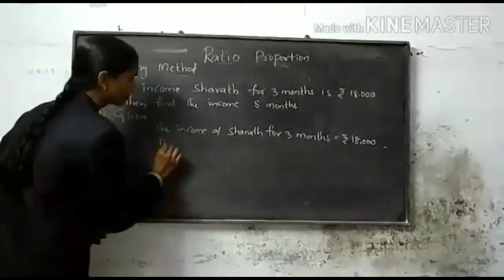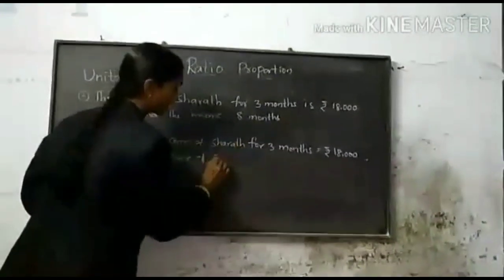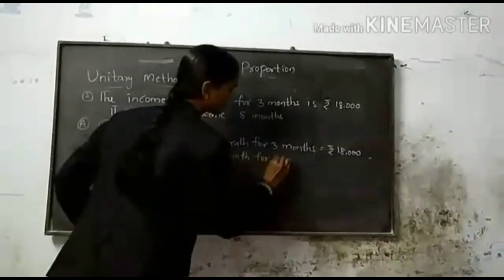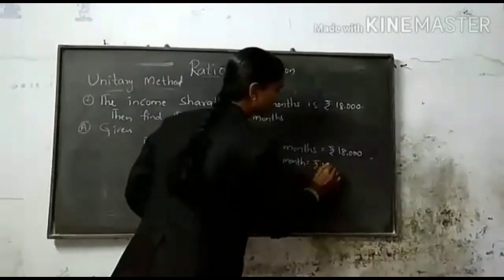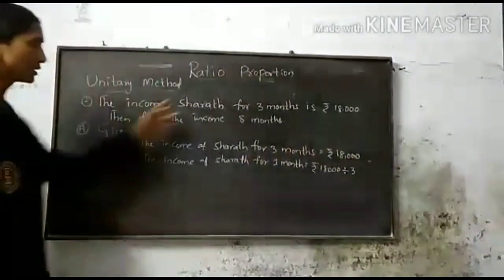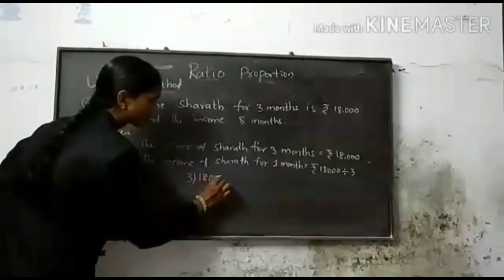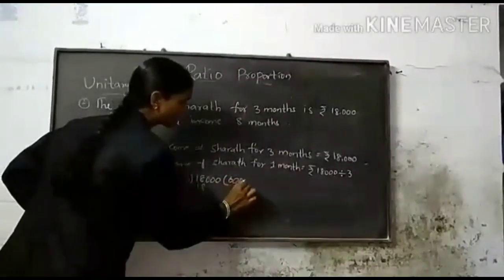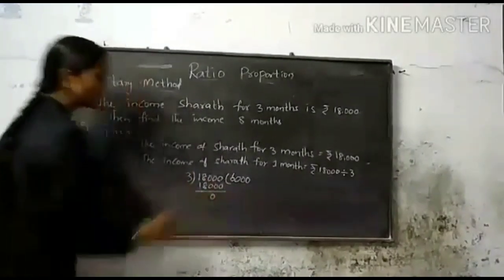The income of Sharat for 1 month is equal to rupees 18,000 divided by 3, since the number of months is 3. 3 with 18,000: this is 18, and 3 zeros are there, so write 3 zeros. 18,000 minus 18,000 is 0.